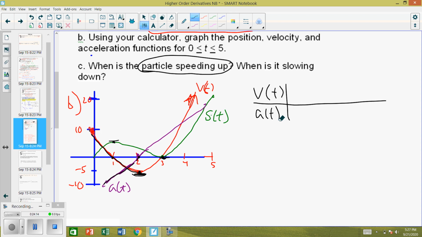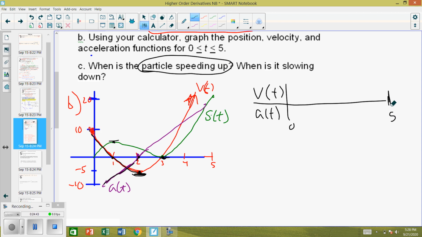Okay. Now, let's think about all the times that, for instance, V of t is equal to 0. V of t looks like it only crosses 0 at, and we're only looking between 0 and 5.